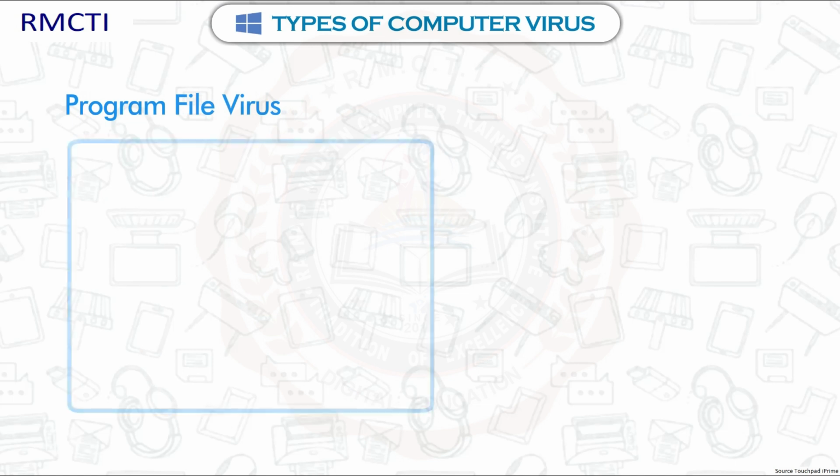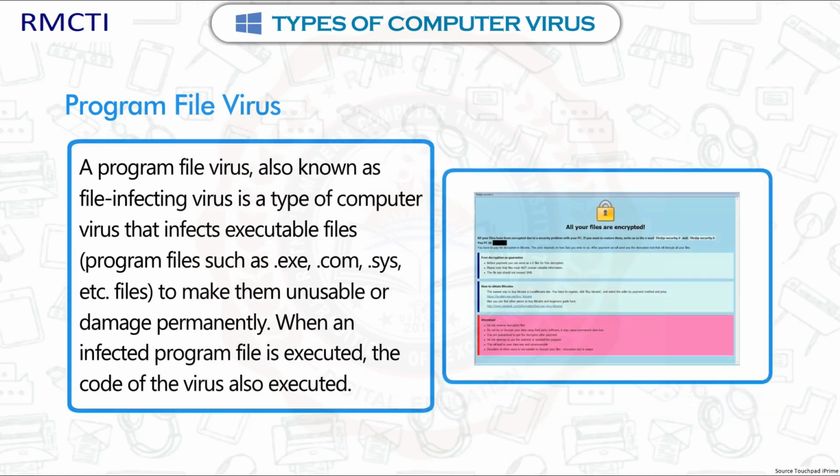Program file virus. A program file virus, also known as a file infecting virus, is a type of computer virus that infects executable files, program files such as .exe, .com, .sys, etc. files, to make them unusable or damaged permanently.